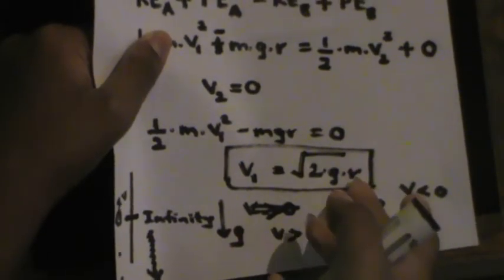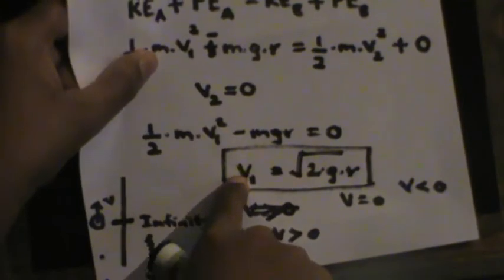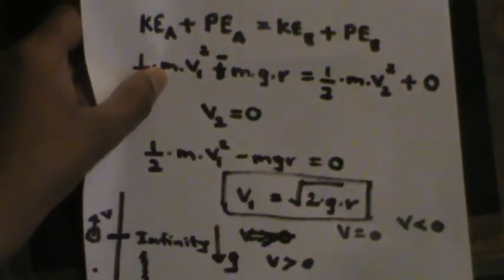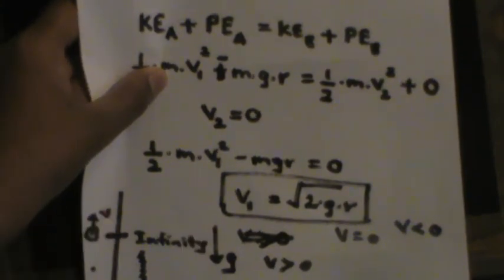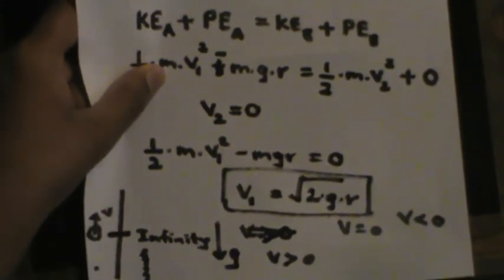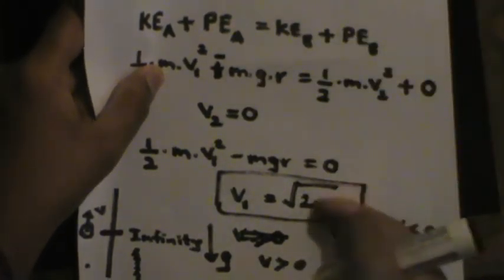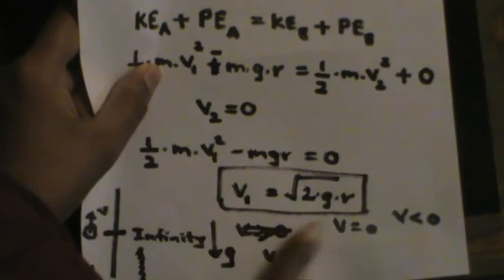If you take the radius of the Earth, you can calculate the escape velocity for an object of any mass. It's independent of the mass, independent of the density, or of any other physical or chemical characteristics. It's only dependent on the radius of the Earth.